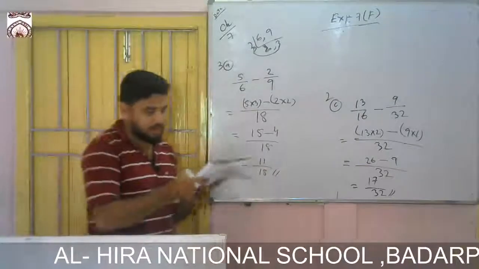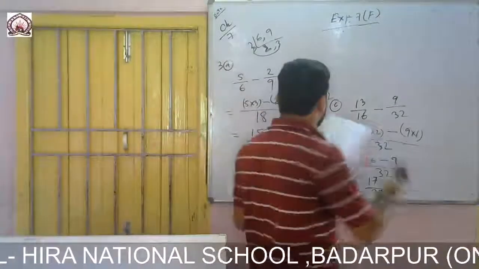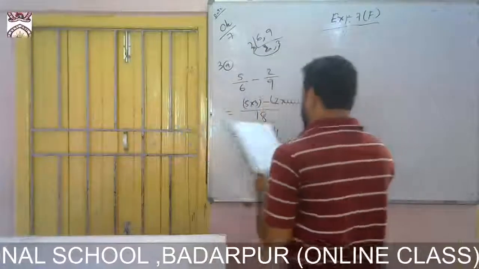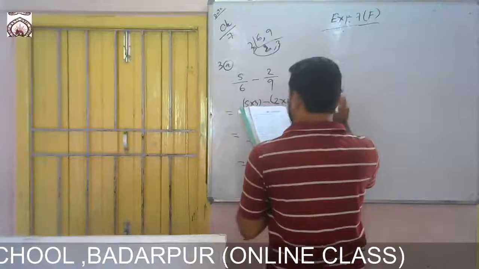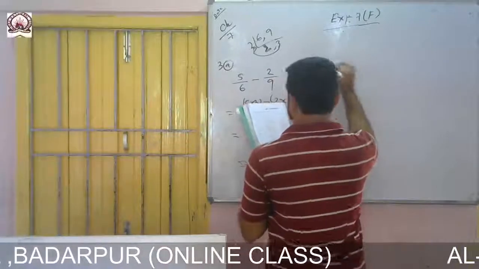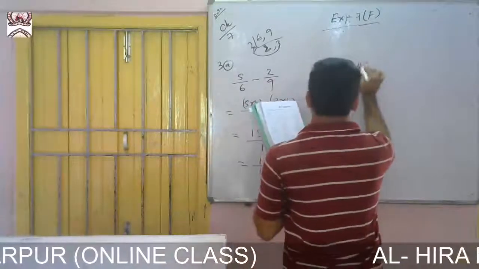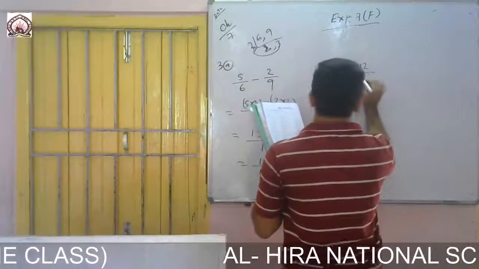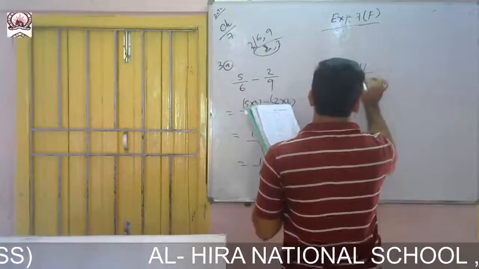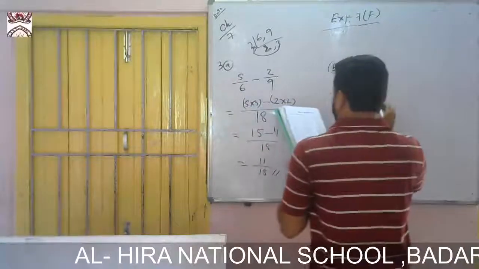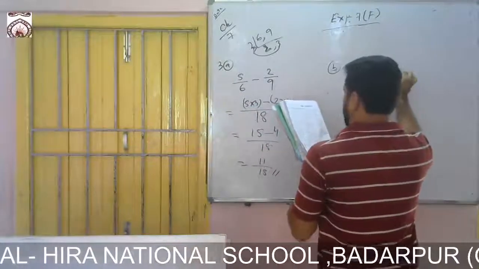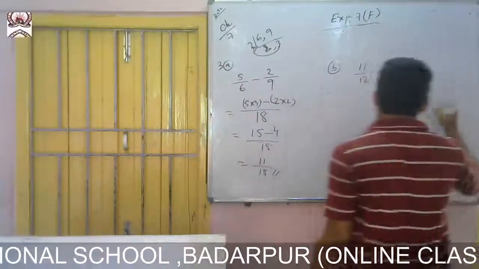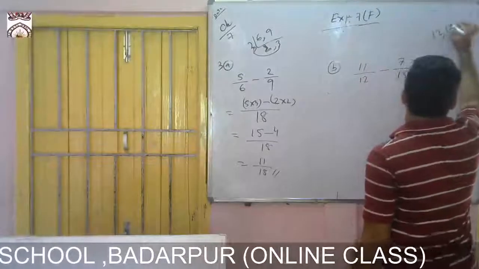Okay, now come to question number B. All are same. 11 by 12 minus 7 by 15. So take LCM of 12 and 15.